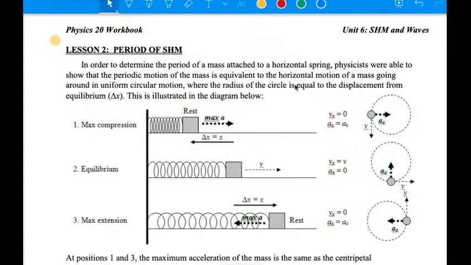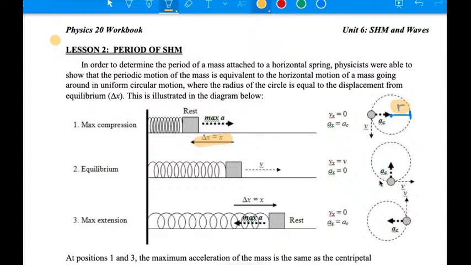So if the radius of the circle is equal to the displacement from the equilibrium, so from the center of our circle to the outside of the circle, that's either our radius or our displacement. They are actually the same value in this case.